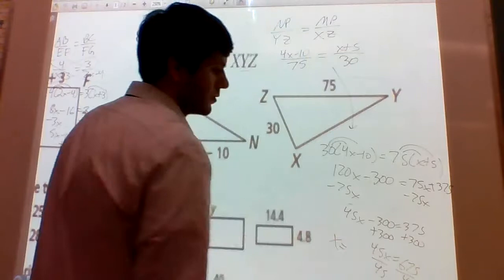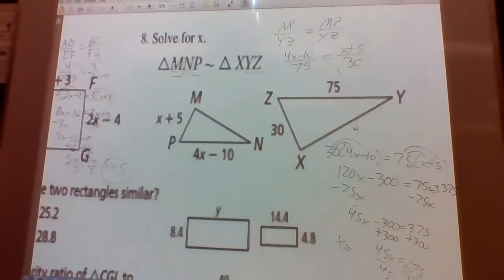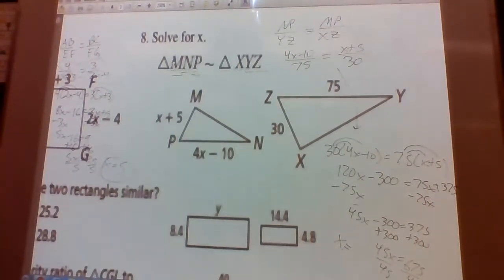X is going to be equal to 15, 12. I don't know. Let me check.